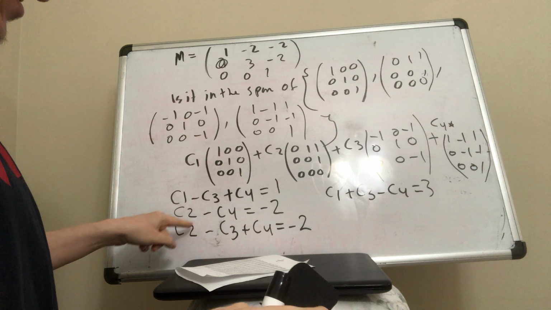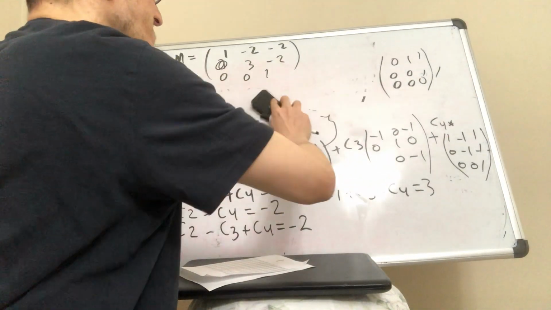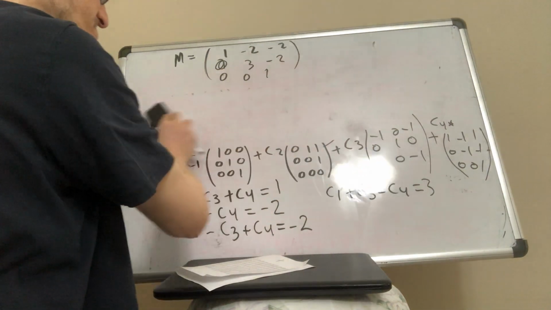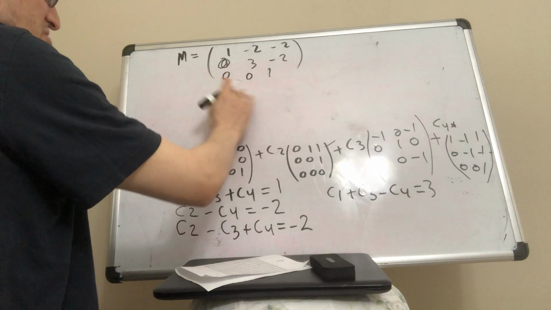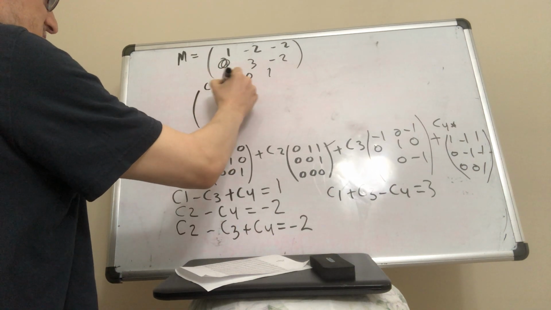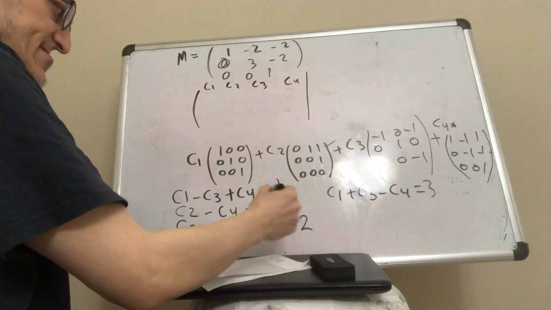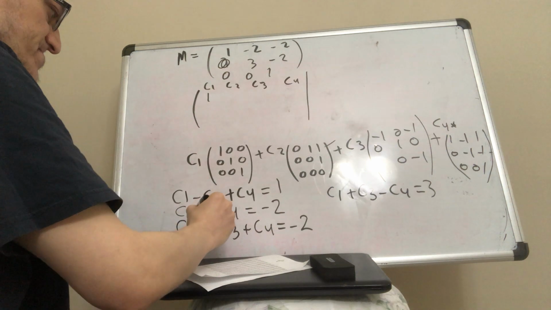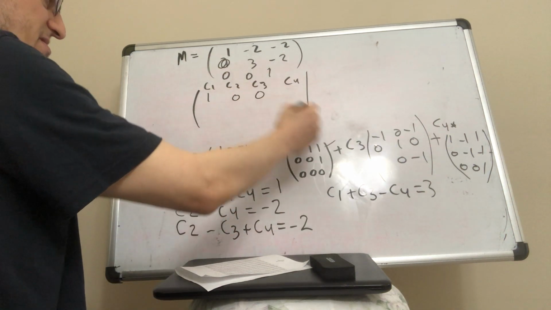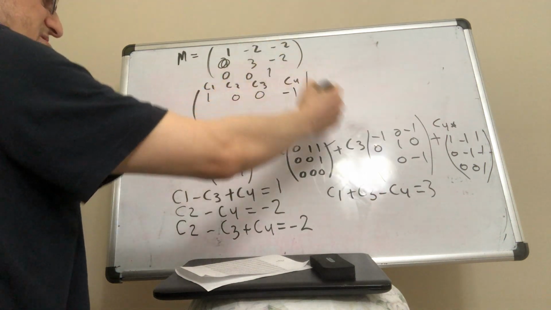If they're all different, you take this and you turn it into a matrix. So this column C1, C2, C3, C4, and coefficients are 1, nothing, nothing, negative 1.